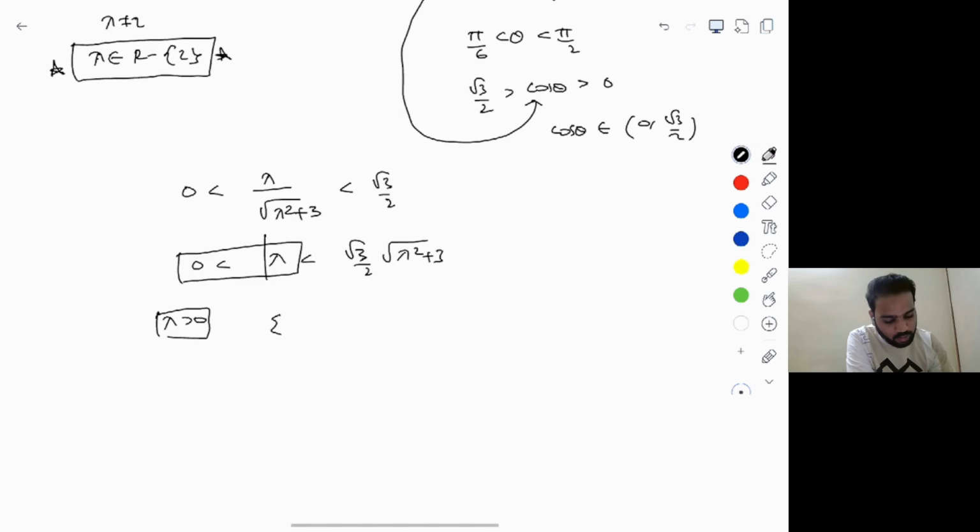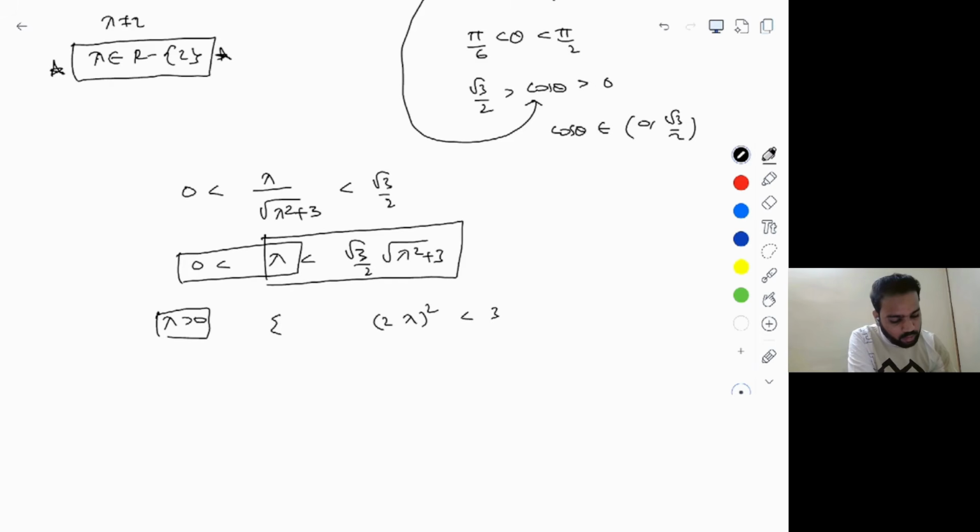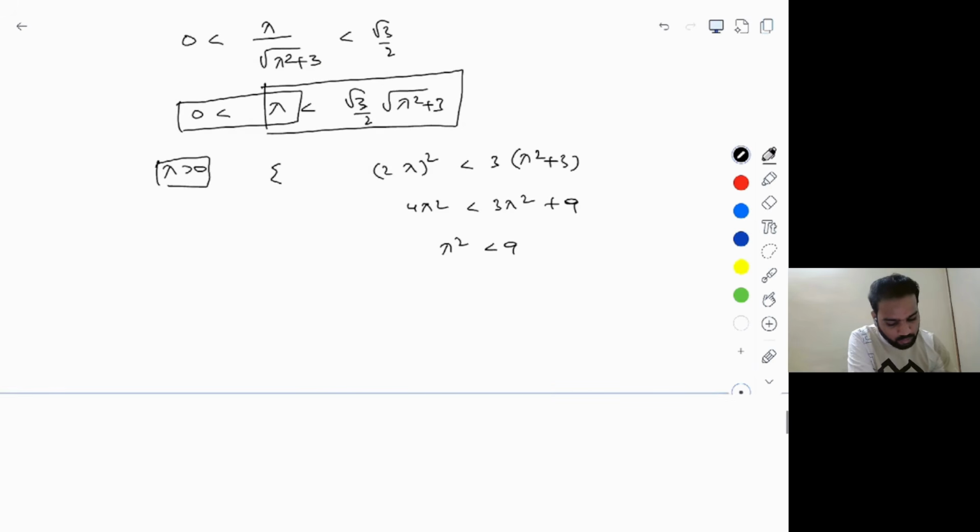Taking the right side part, on cross multiplying and squaring, you get 2 lambda square less than 3 into lambda square plus 3. This will be 4 lambda square less than 3 lambda square plus 9. So finally we get lambda square less than 9, which means lambda belongs to minus 3 to 3.